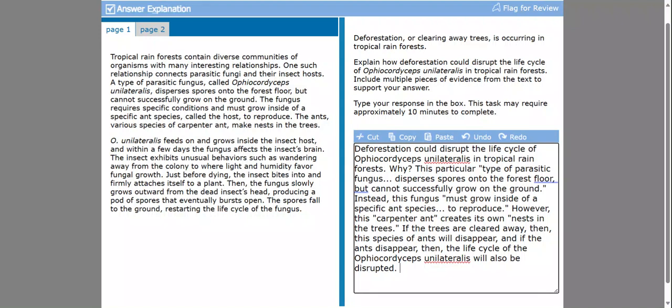However, this "carpenter ant" creates its own "nests in the trees." If the trees are cleared away, then this species of ants will disappear. And if the ants disappear, then the life cycle of the Ophiocordyceps unilateralis will also be disrupted.